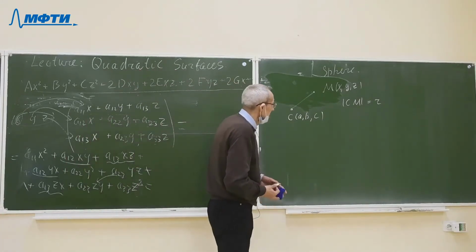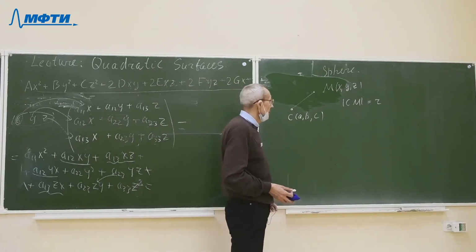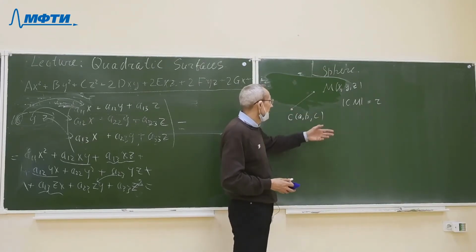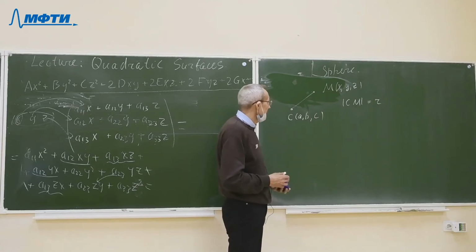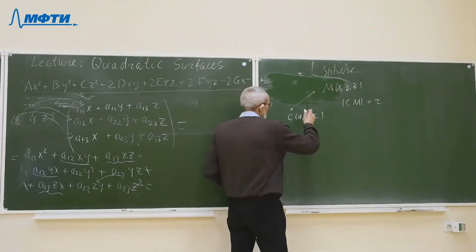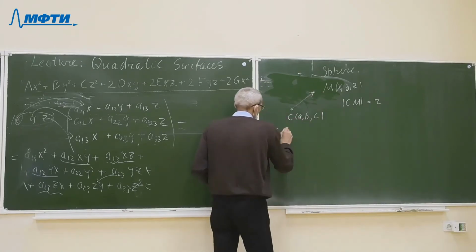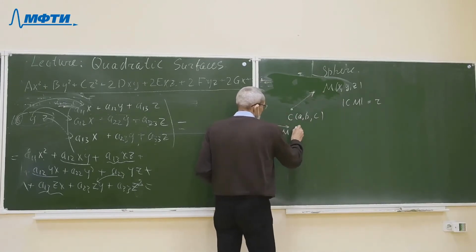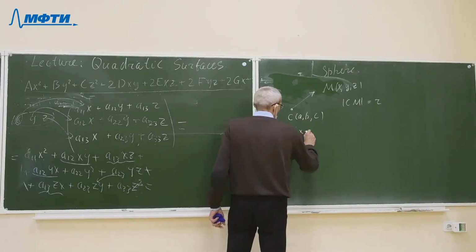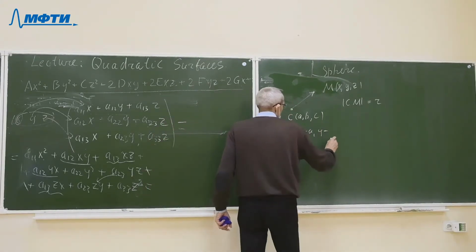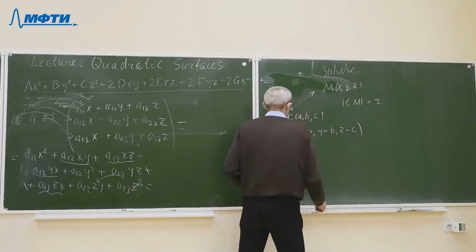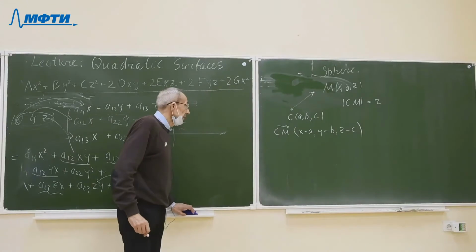Let's derive the equation which defines such points. We consider the vector CM, with coordinates x minus a, y minus b, z minus c.